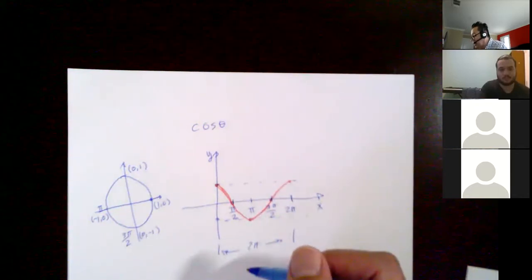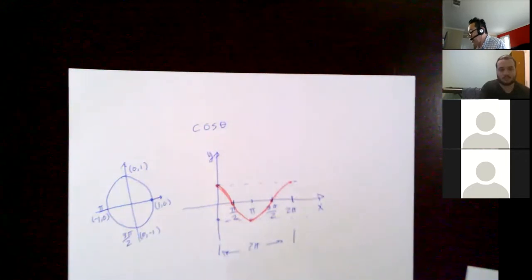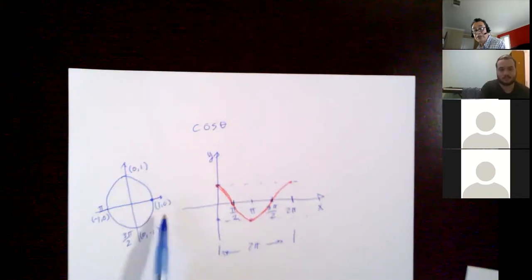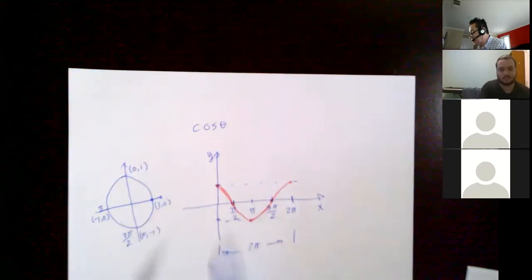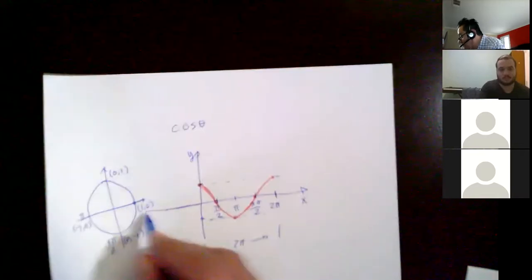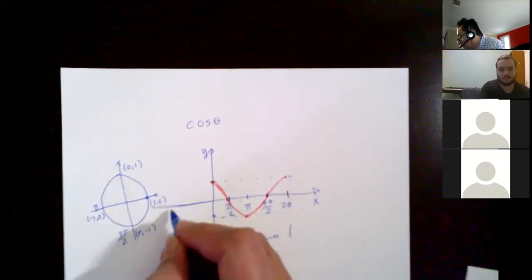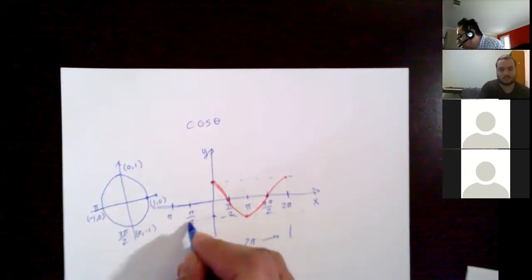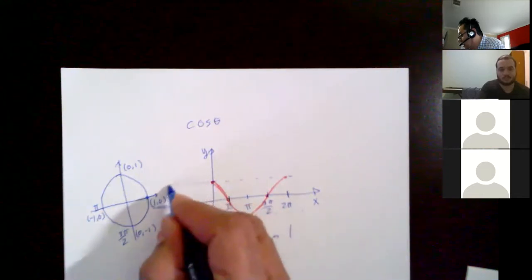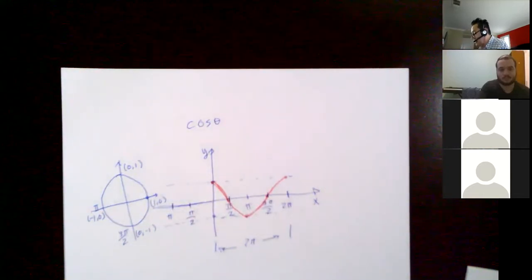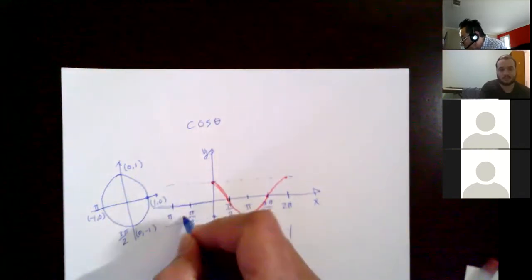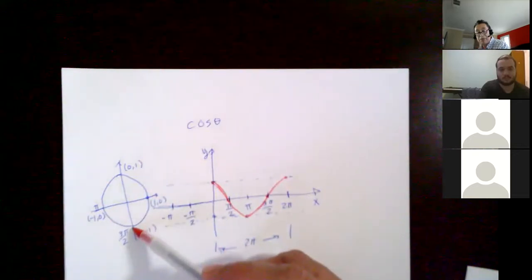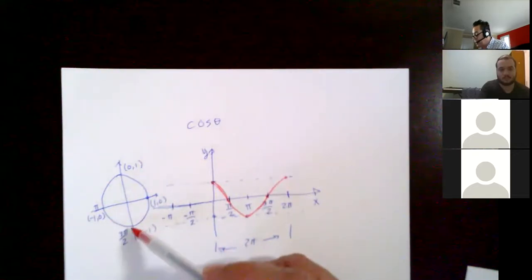Why is the cosine even? Because remember that the domain of the cosine is from negative infinity to positive infinity. So if I keep going to the left, if this is pi and this is pi over 2, and I project this on the left side, at negative pi over 2, which is the same as 3 pi over 2, the cosine is 0.